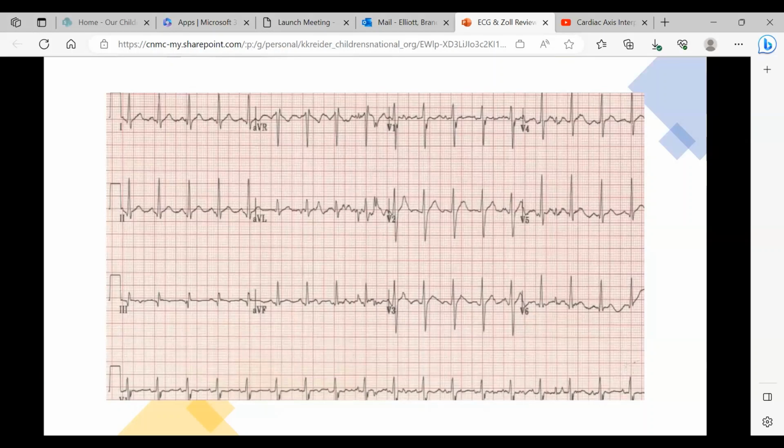I think it's up, up, up. Yep. And then, do we see any ST elevation? Lincoln, is there ST elevation?